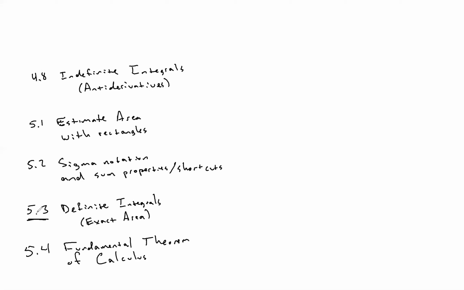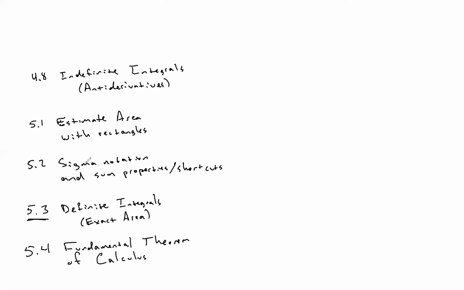What this lesson is about in 5.3 on definite integrals: here we're going to talk about finding the exact area under a function. This automatically connects to the idea of area under a graph.